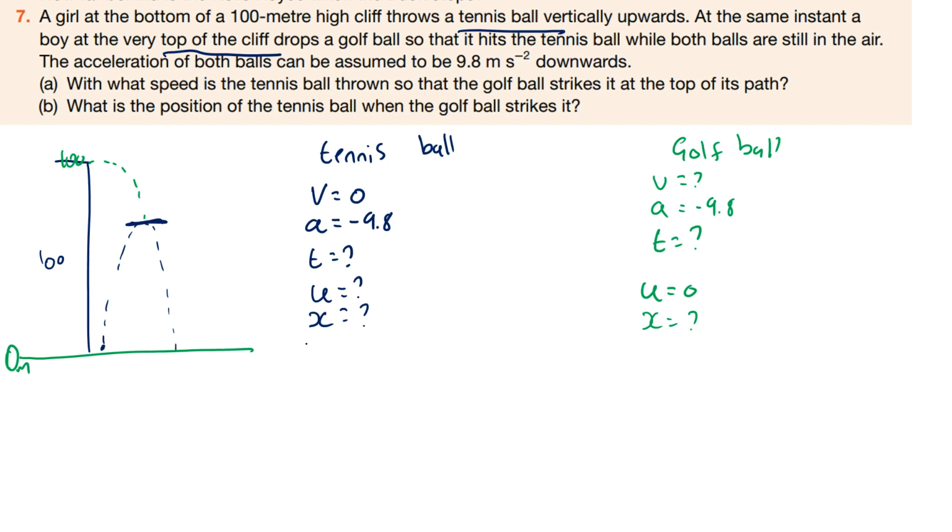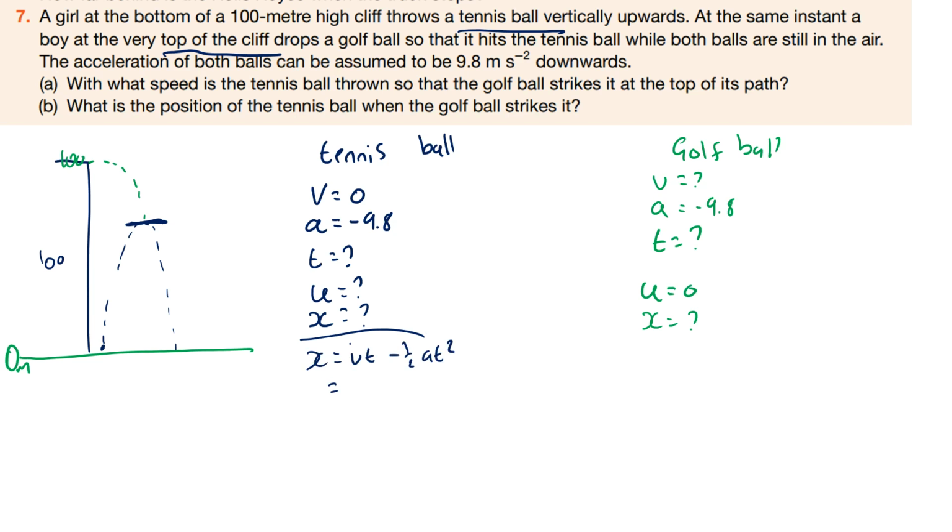Let's take the tennis ball. We know the tennis ball is going to go x equals ut plus half at squared. Sorry, wrong one. We don't know u, so we can't use that formula. So we're going to use this formula: x equals vt minus half at squared.